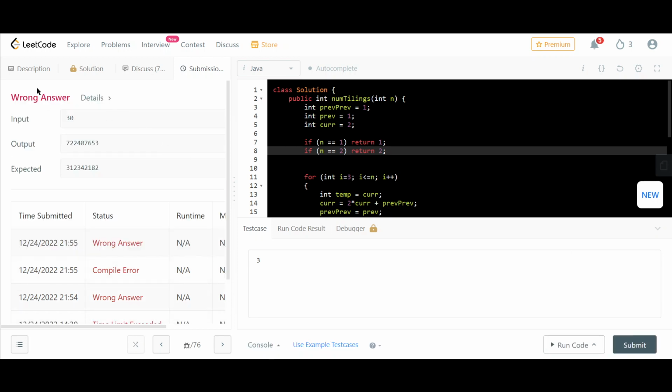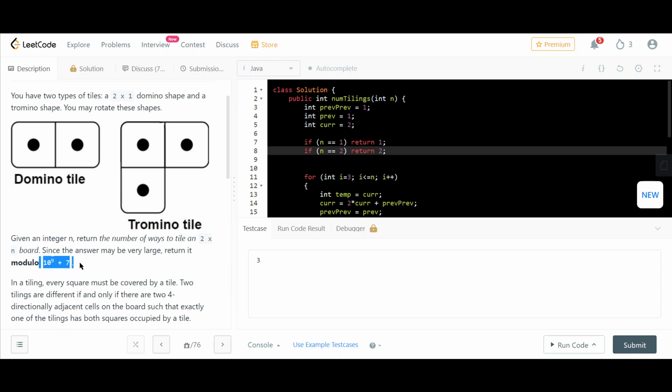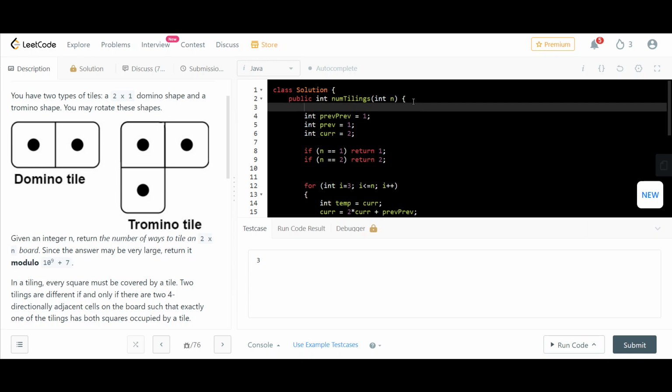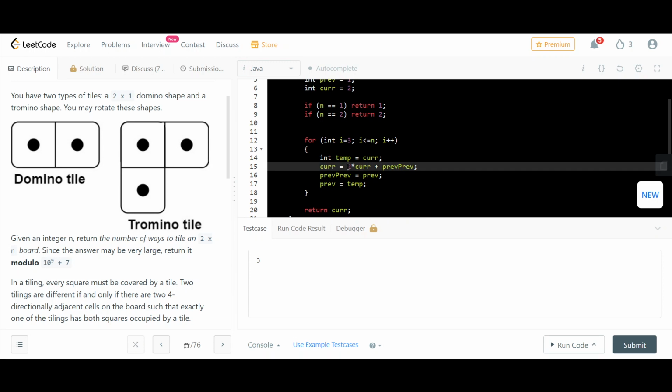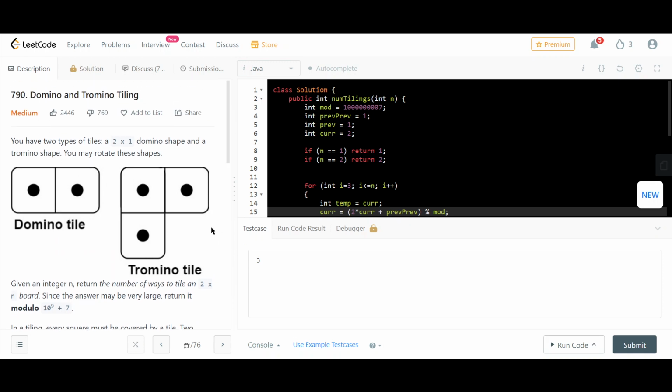And we get a wrong answer. And I think that wrong answer is probably because it's a large value. It said something about this mod. Yeah. So let's add this, some large value. Okay, let's just put it here itself. Mod equals 10 to the power 9 plus 7, something like this. So let's do this equals this times this, percent this mod. Okay, and that's what it failed for 30, I think.